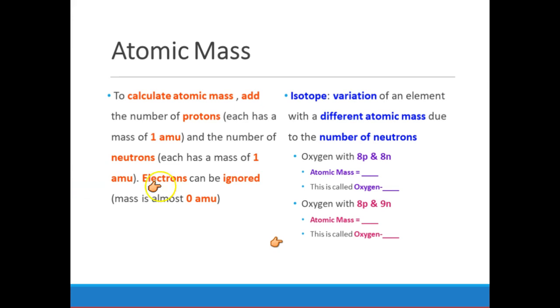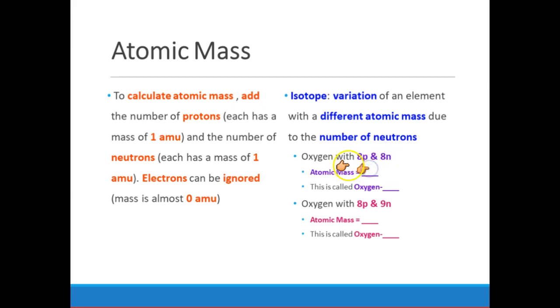No, because protons are identity. You can see here that both of these oxygens have 8 protons, because if we change that, they would no longer be oxygen. But I can change the number of neutrons because neutrons have nothing to do with identity. They don't change the atom's identity. So we can have oxygen, which always must have 8 protons, and in this case has 8 neutrons.